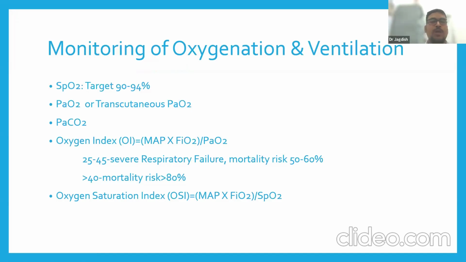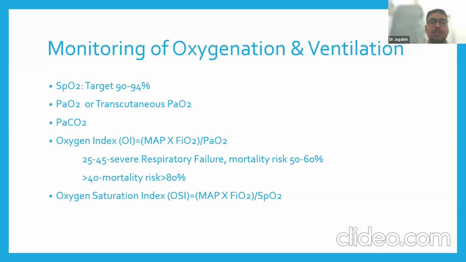But what is more important for us to know is the monitoring of oxygenation and ventilation, how we do. So our target for every baby, whether it is a term or preterm, the target saturation should be 90 to 94%. The PO2 we can monitor by transcutaneous PO2 monitoring, or we have to go for a blood gas, and from the blood gas we can monitor the PO2, that is the partial pressure of oxygen in the arterial blood, and the PCO2, that is the partial pressure of carbon dioxide in the arterial blood.